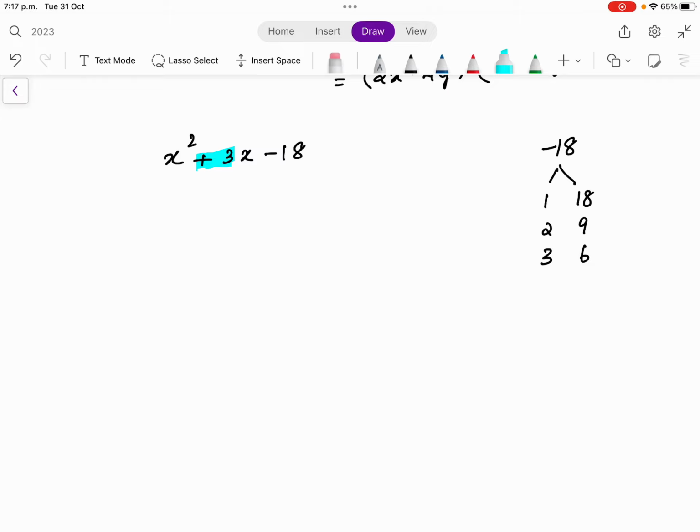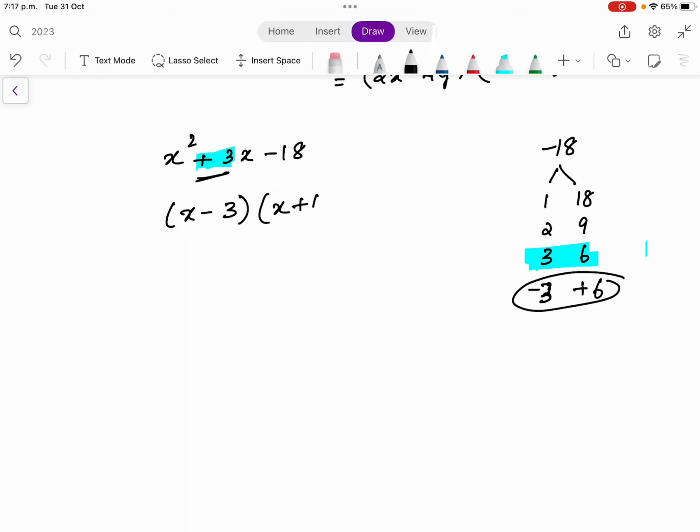You can take the positive and the negative number. So in this case, I will get 3 and 6, and I would map it to minus 3 and positive 6, because only then I will get a positive 3, which is here. And then I will rewrite this as x minus 3 and x plus 6, and these will be the factors.